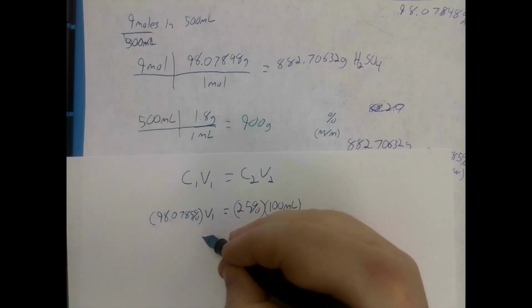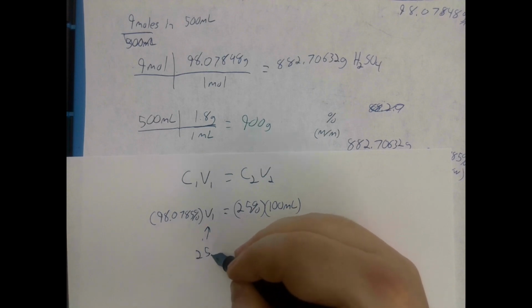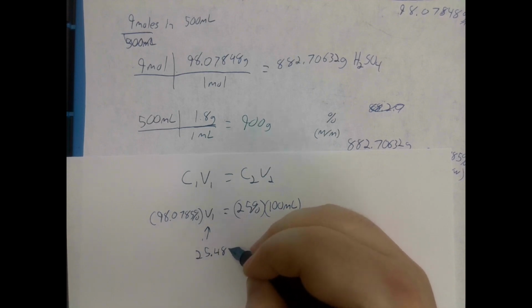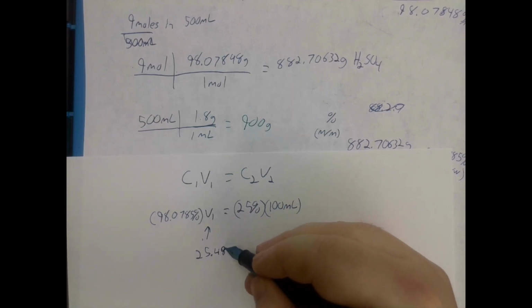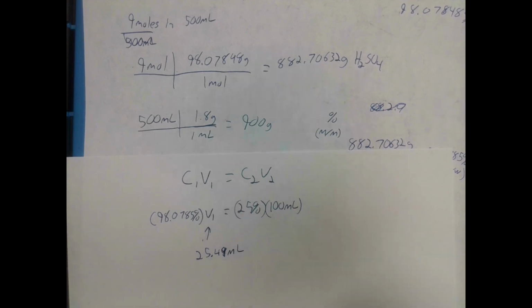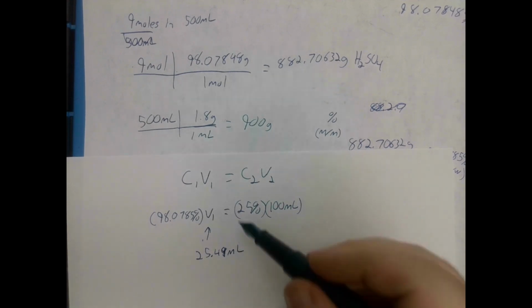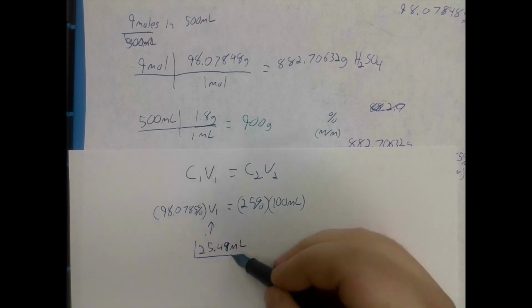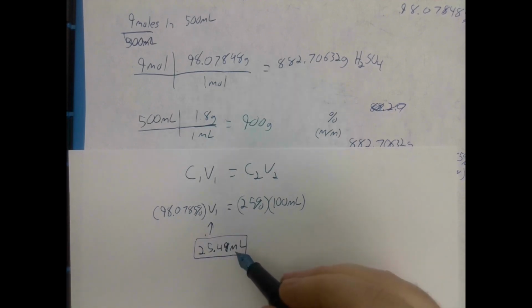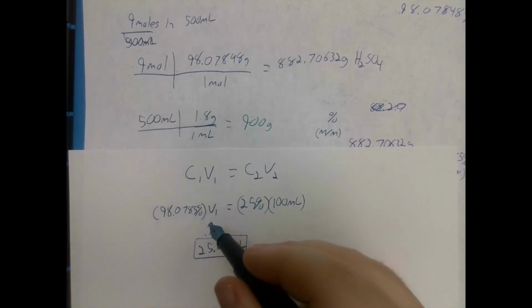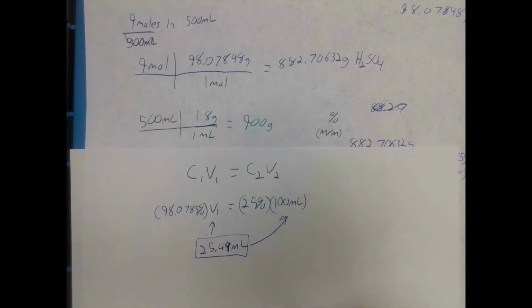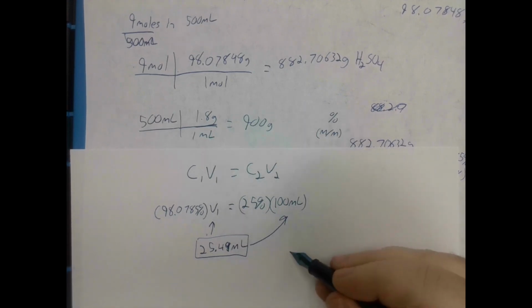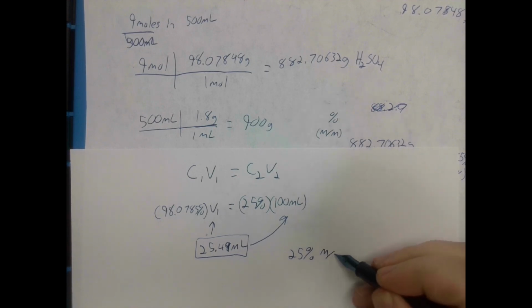So that means V1 would be 25.48 or 49 milliliters. That means if you use 25.49 milliliters of your original acid and dilute it to 100 milliliters, you'd wind up with 25% mass per mass solution.